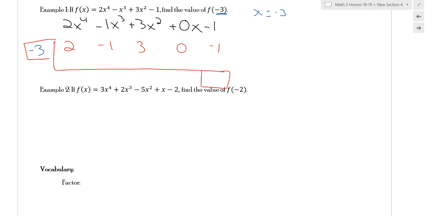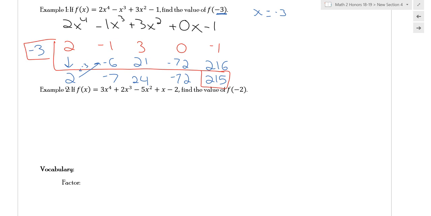And now we're doing a regular synthetic division. 2 times -3 is -6. We get -7, which is 21. We get 24, which is -72. When we multiply, we get 216. We get 215. So we have this big remainder.